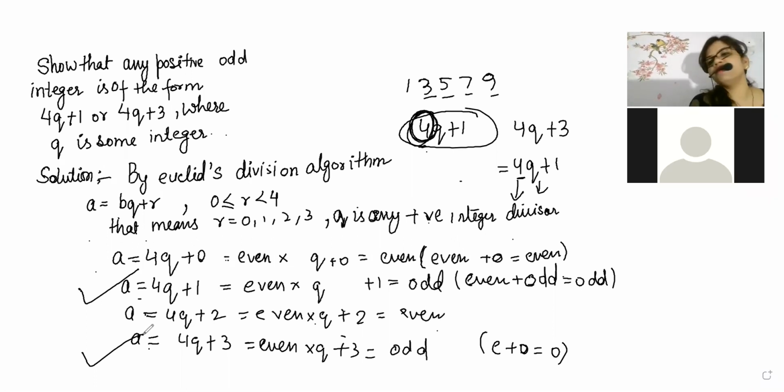From those numbers, what I am proving here is that only those numbers which are odd satisfy the condition 4q plus 1 or 4q plus 3. Other numbers are not satisfying this condition. I hope my children understood this point. Did you understand exactly what you have to do here?